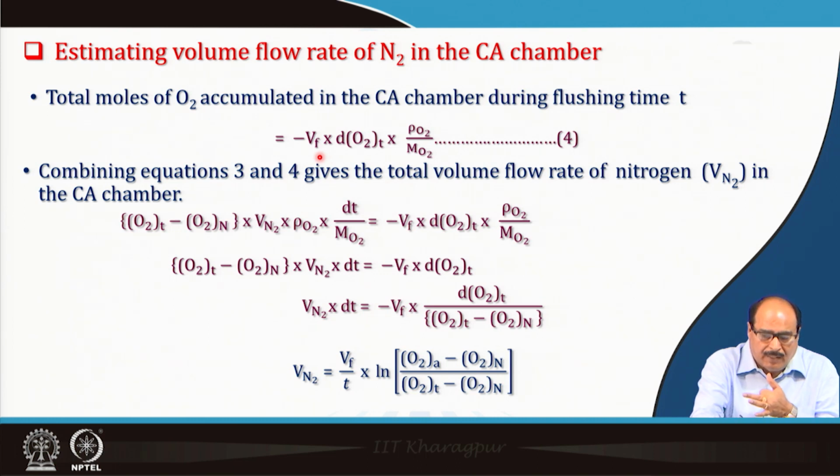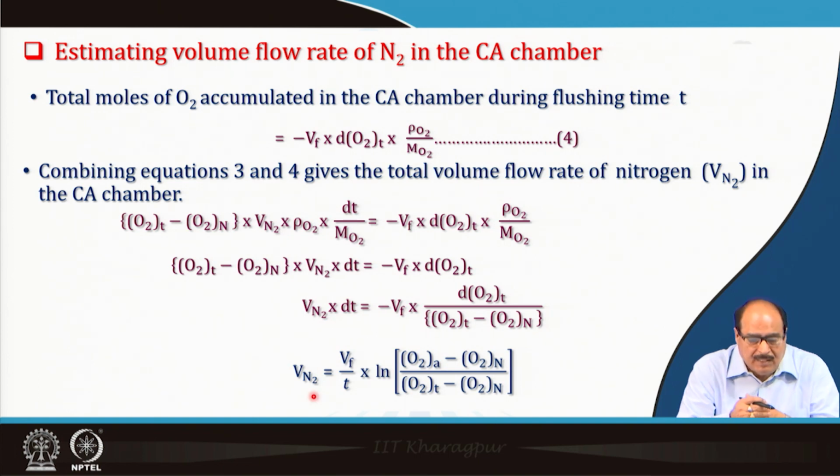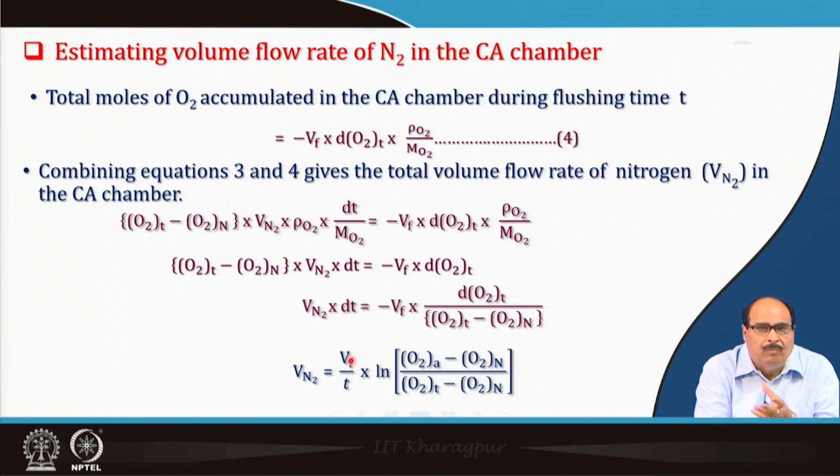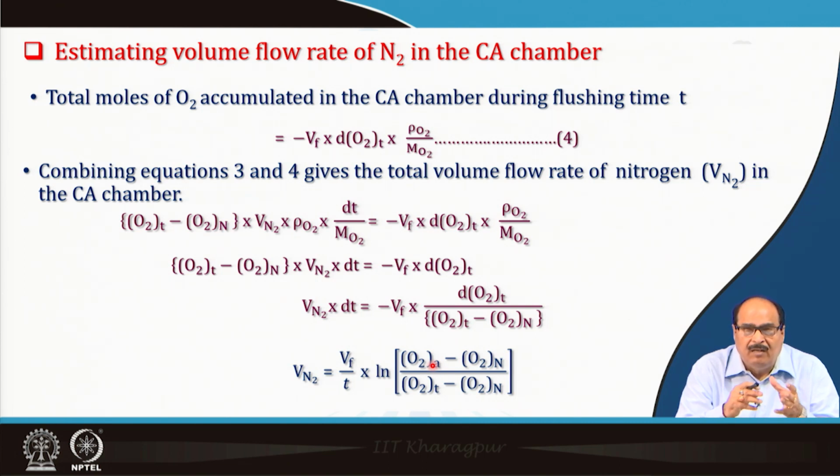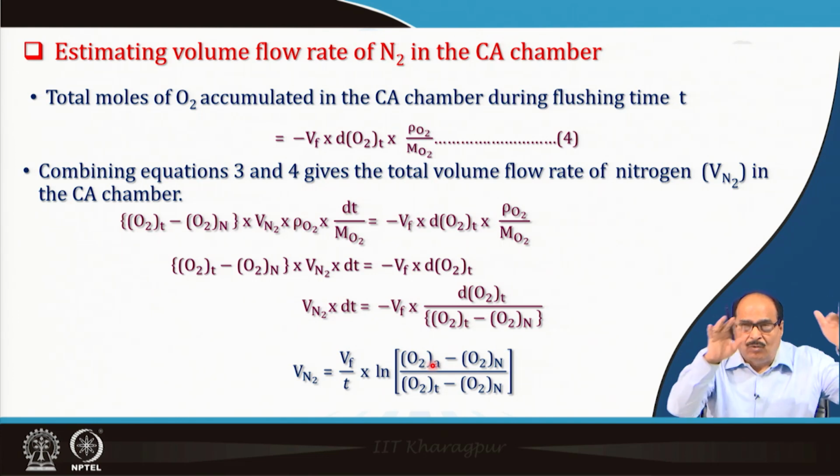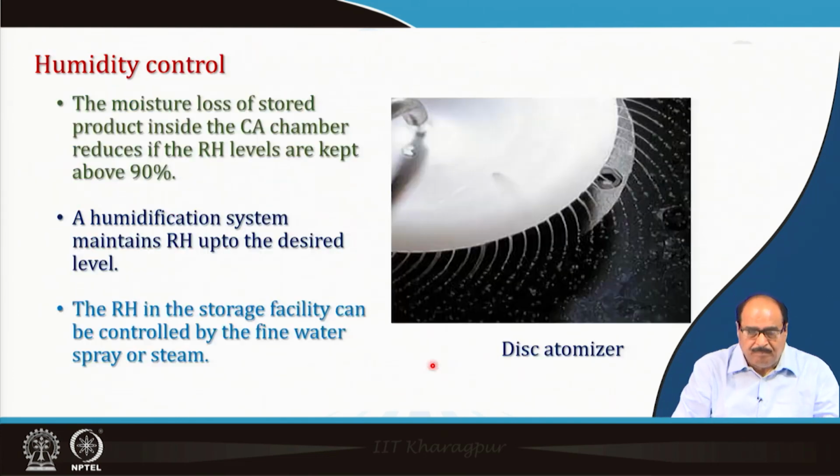One can solve equations 3 and 4 and finally get the equation, that is Vn2 is equal to Vf by T multiplied by ln of O2A minus O2n divided by O2T minus O2n, where Vf is the free volume in the storage capacity, T is the flushing time, O2A is the oxygen concentration in ambient air, O2n is the oxygen concentration in nitrogen gas, and O2T is the oxygen concentration in the storage facility at any time T.